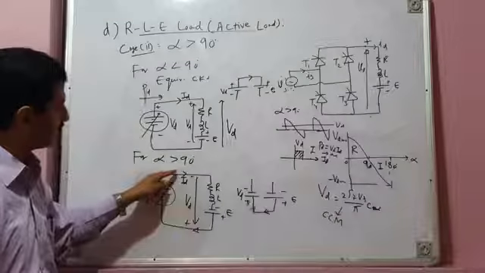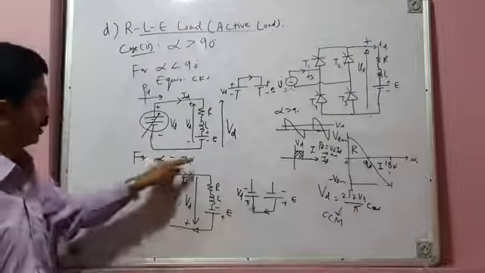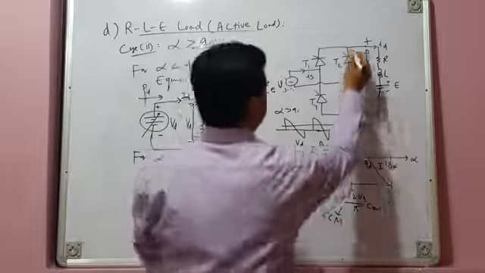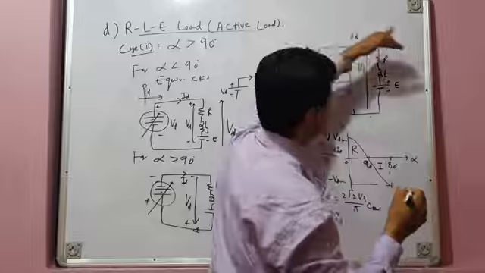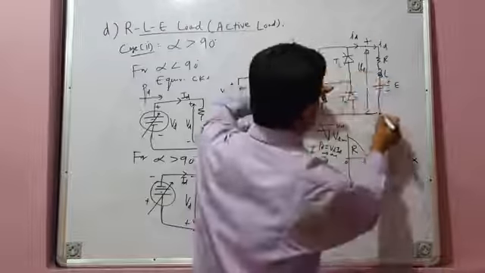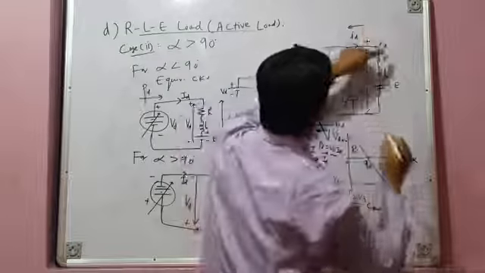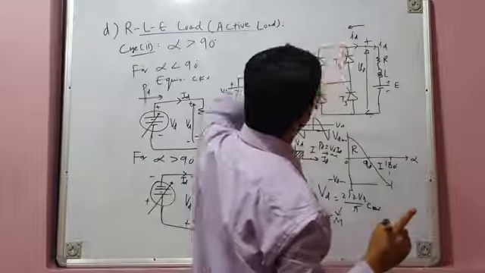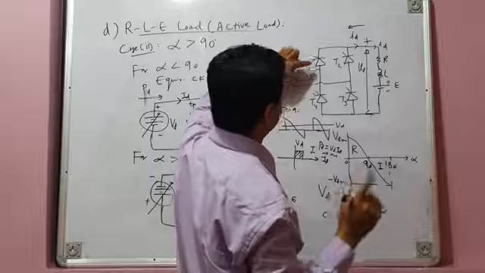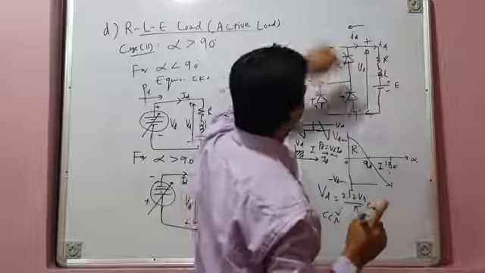Now you can see, since current has to flow in the same direction, remember one thing, current always has the same direction. It flows in this direction always. Direction of current cannot reverse. The reason being, this converter comprises thyristors, SCRs, and in a thyristor, current always flows from anode to cathode.